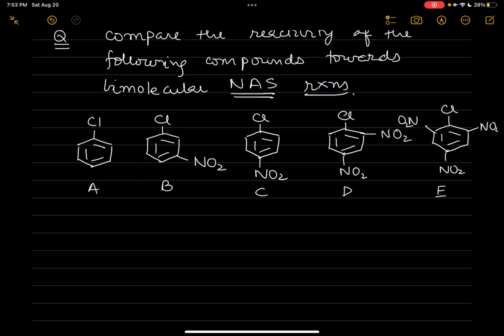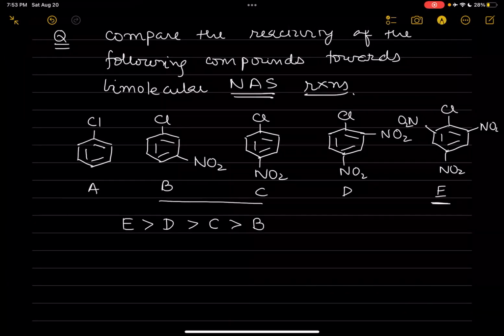Which one can react with NaOH most easily? So we discussed that E was the most reactive. EDC. And C and B. B is less reactive. Why?